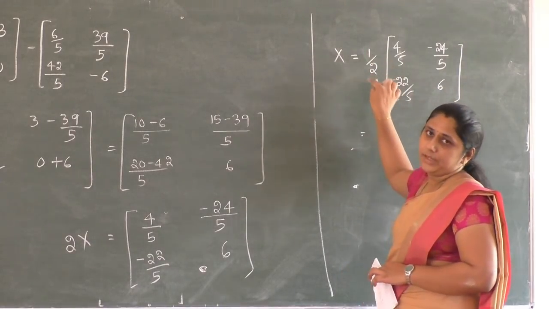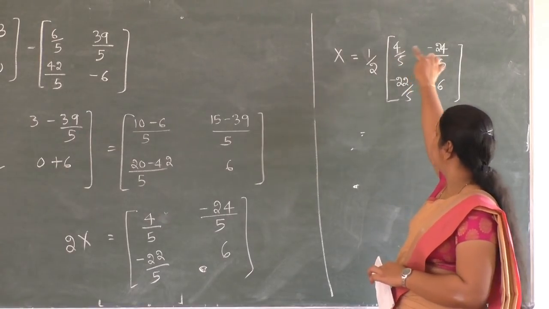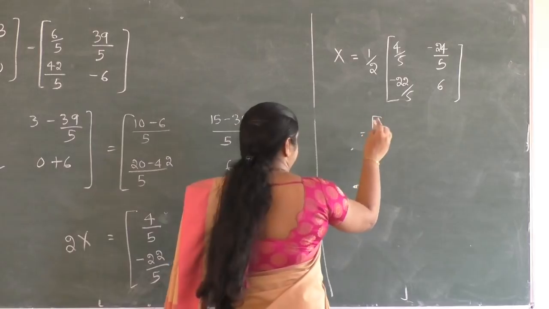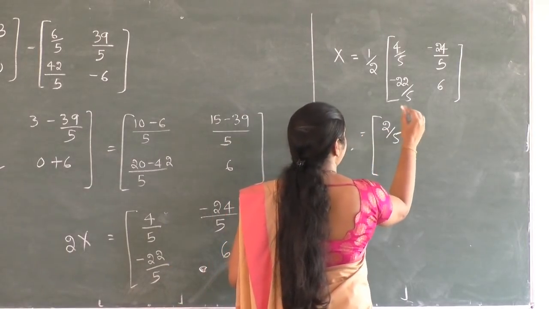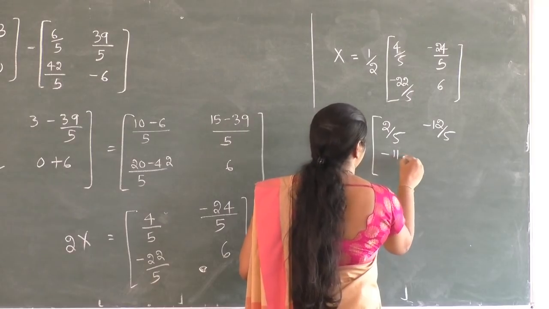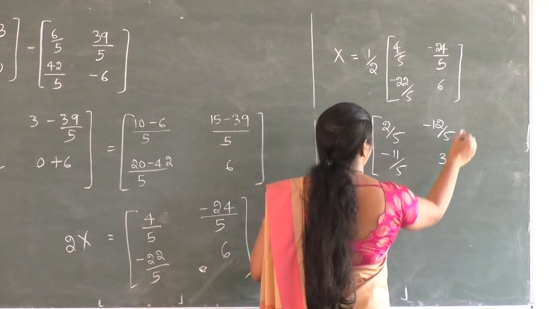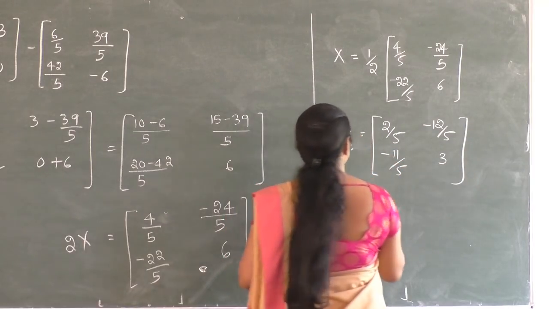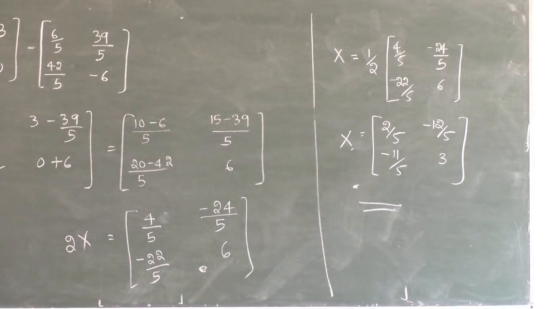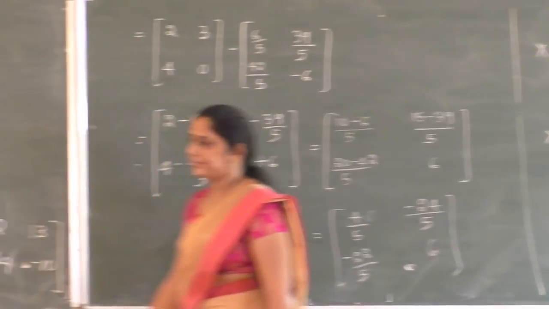Now if I multiply 1 by 2 to each and every element of this, it becomes 2 by 5, minus 12 by 5, minus 11 by 5, and so this is the x value and this is the y value.